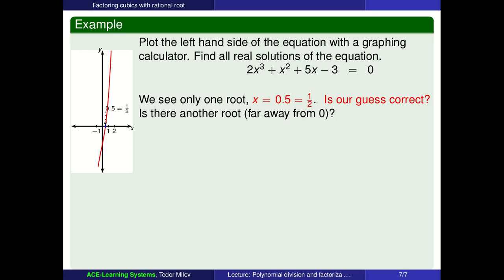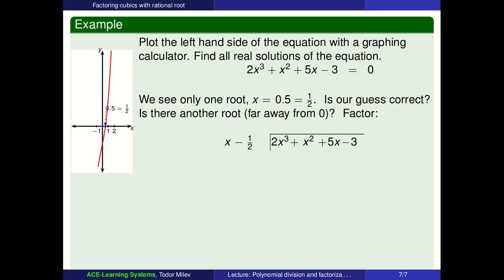So our first task is to actually verify that x equal to 1/2 is a good guess. Our second task is to check whether there are other roots, maybe far away from 0. We don't see them, but maybe somewhere far away there are more roots, and we simply haven't plotted far enough. Okay.